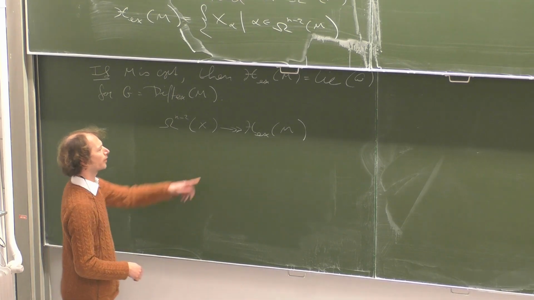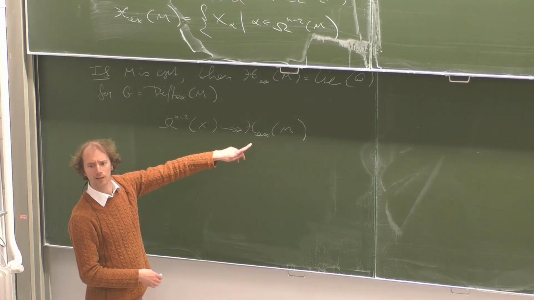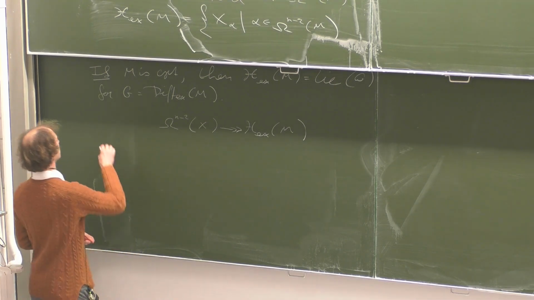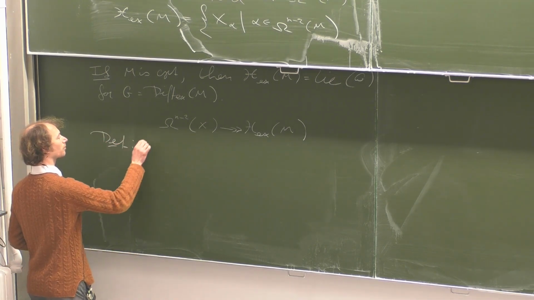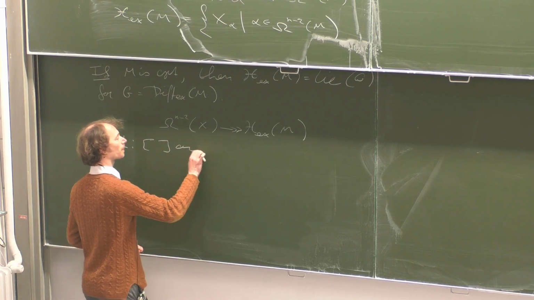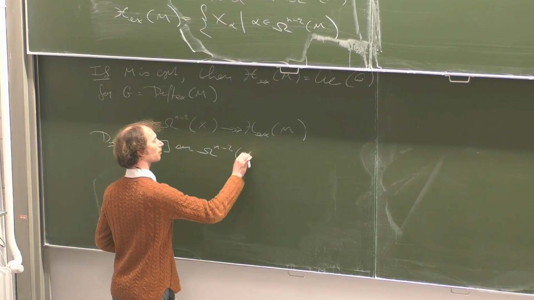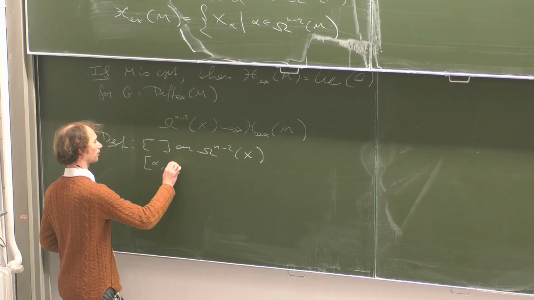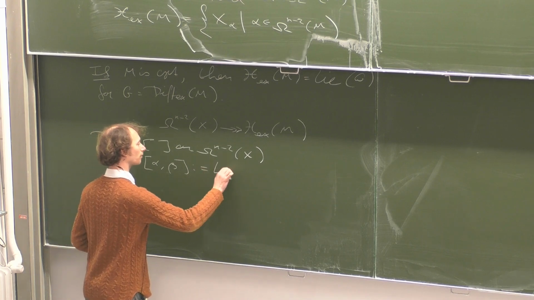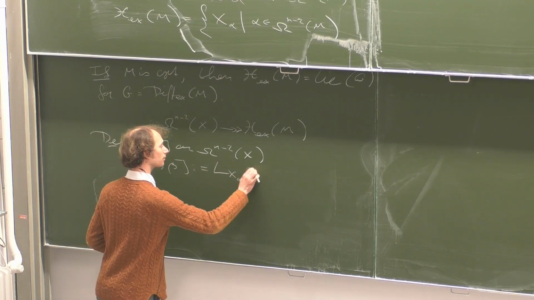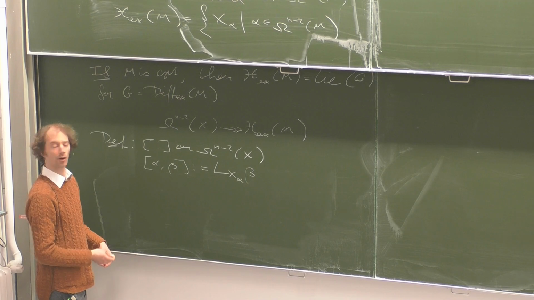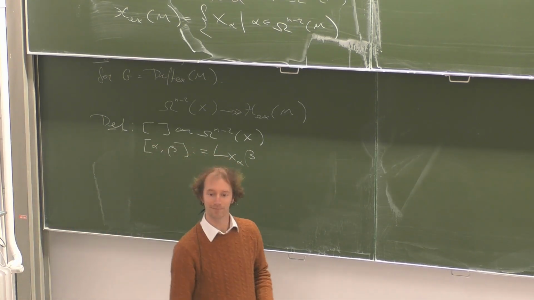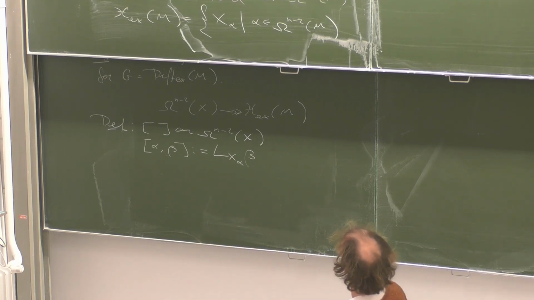Now the right-hand side is a Lie algebra, and we can put a bracket on the left-hand side as well: the derivative of beta along alpha. The manifold is M, right? Oh, it was M. Thank you.